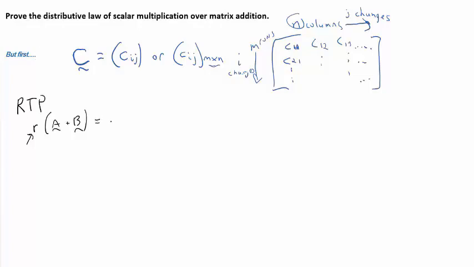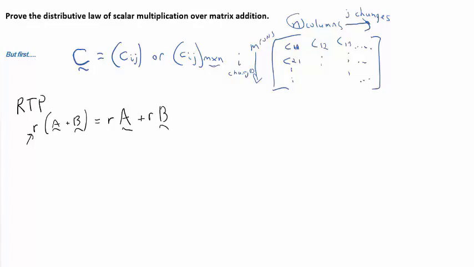We have to prove that the distributive law holds. Now remember, the distributive law distributes what's outside the brackets amongst what's inside the brackets, to use a basic everyday description. So this is how it would manifest itself.